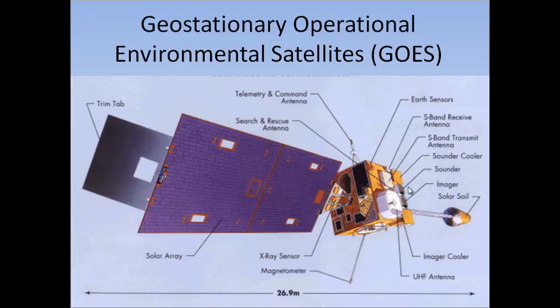A lot of our weather data actually gets sent up to the GOES satellites from ground stations and then beamed back down to the forecast offices, 122 forecast offices across the country. And as I say, a bunch of the weather data that we ingest at the offices comes to us straight off the GOES, bounced off from ground stations.